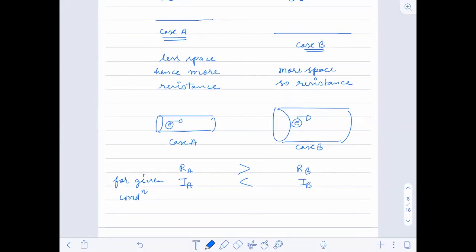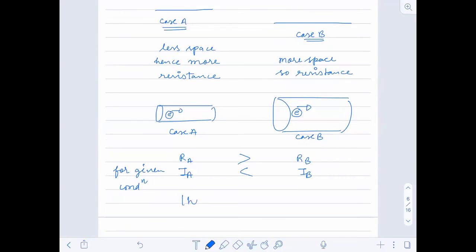Okay, good. So I can say here, I write it like this as an important point.